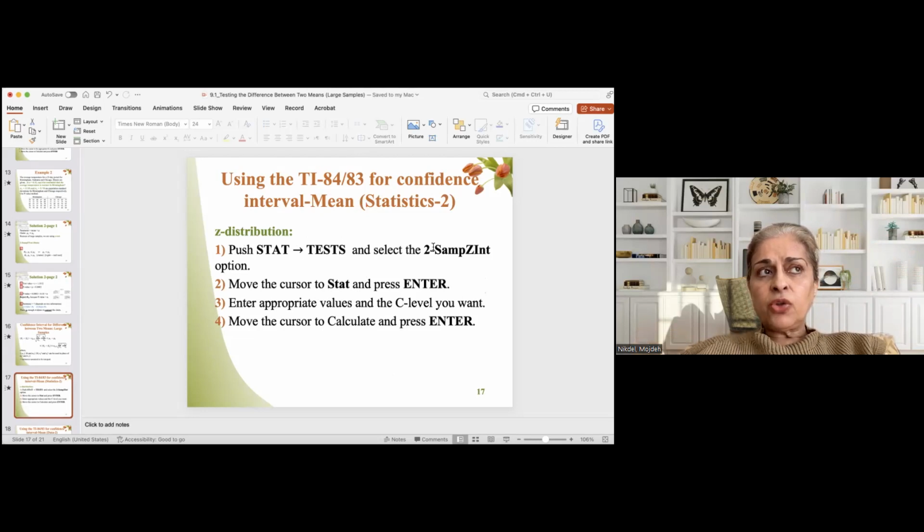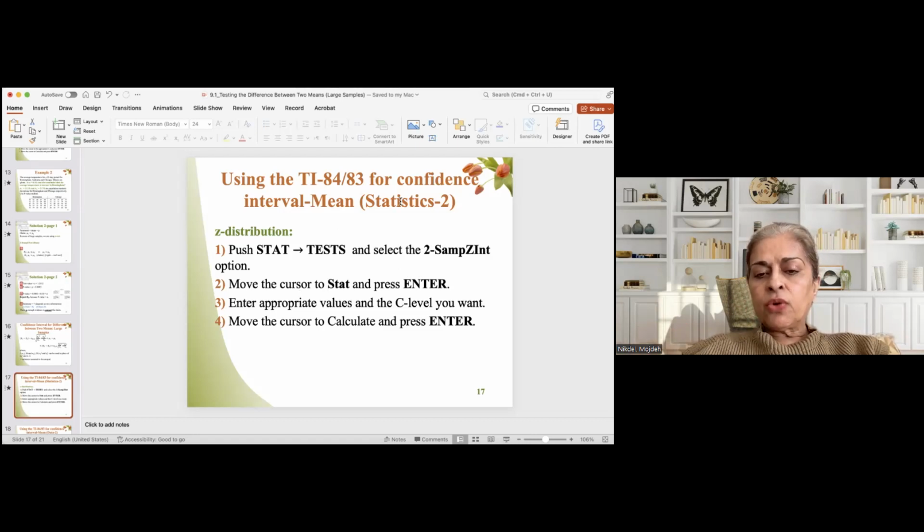Instead of picking 2-SampZTest, you pick 2-SampZInt. Int is for interval. So we have two groups, you're using Z and you want an interval. For hypothesis testing, you had two groups and were using Z test. Two sample Z test, two sample Z int.